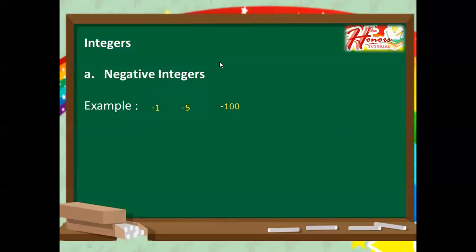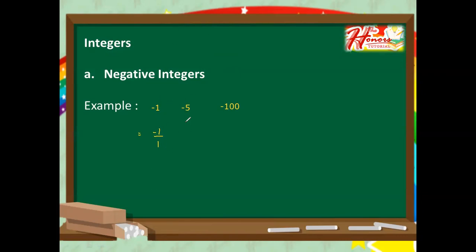I will show you how. Negative 1 can be changed to negative 1 over 1. If you want to change this in the form of a over b, just put 1 in the denominator and that's it.